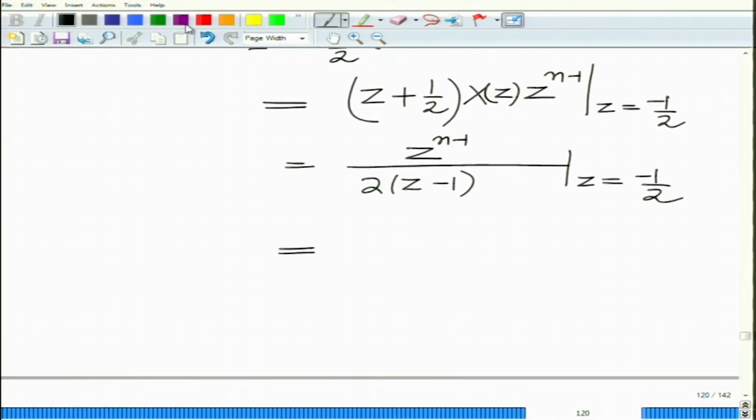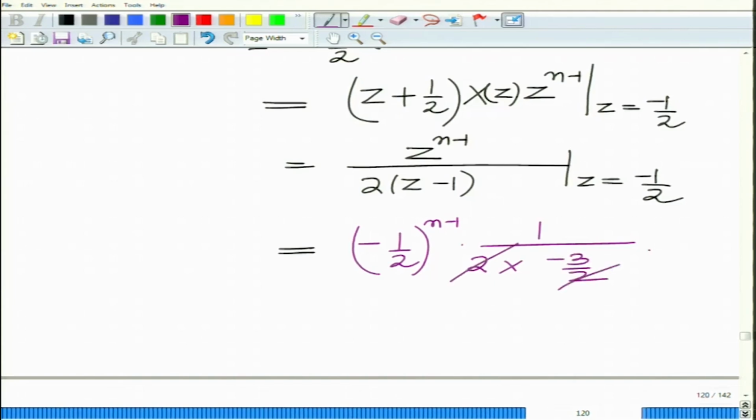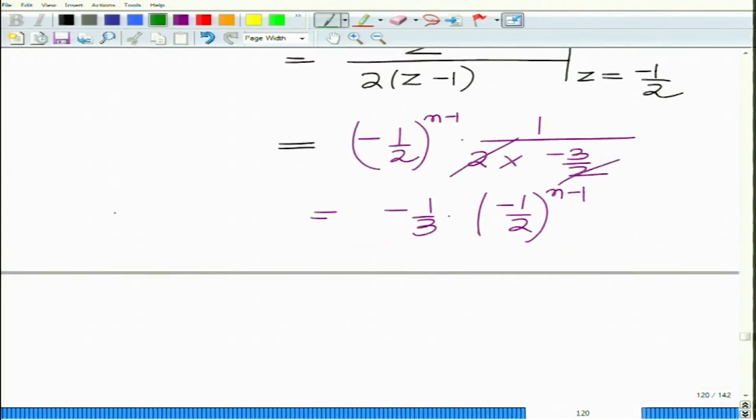So, this will be your (minus half) raised to n minus 1 over (2 times minus half minus 1), that is minus 3 over 2. So, this is basically minus 1 by 3 into (minus half) raised to n minus 1, and this is the residue at z equal to minus half.